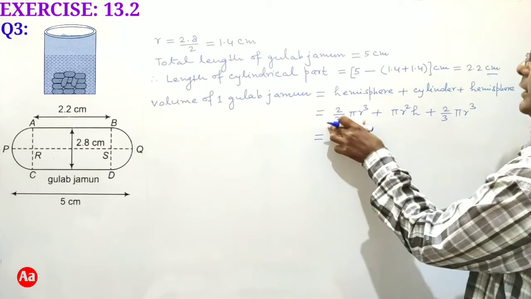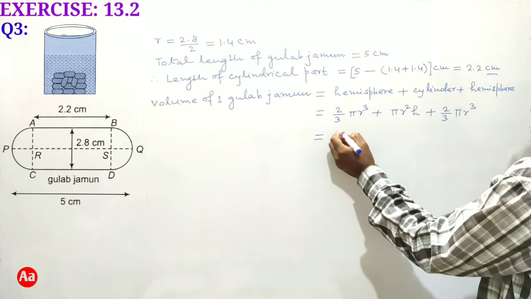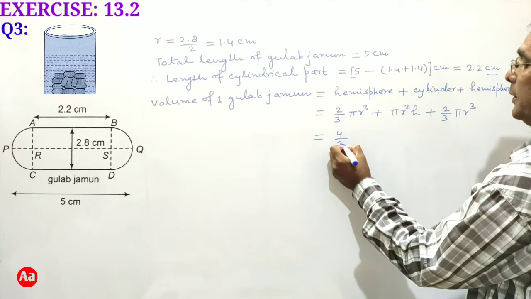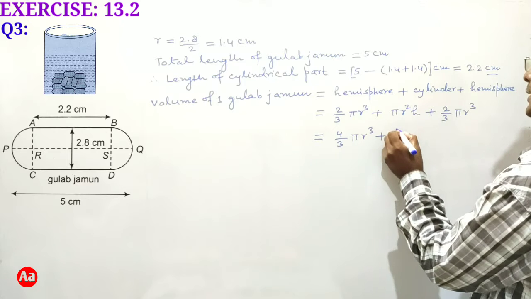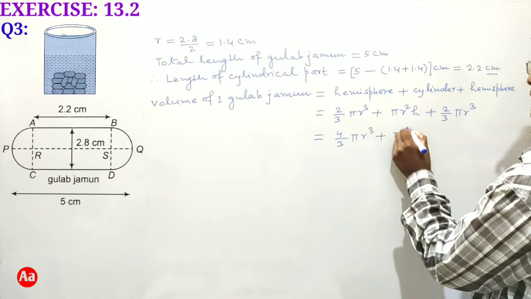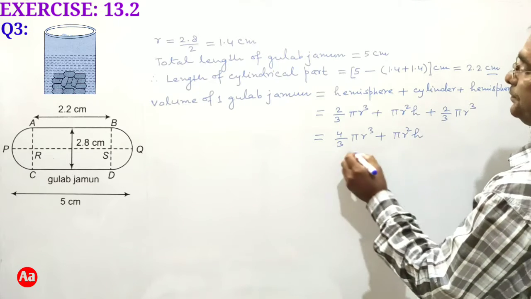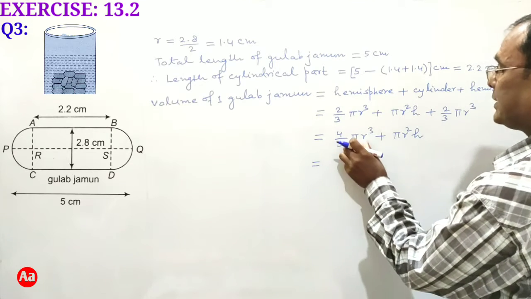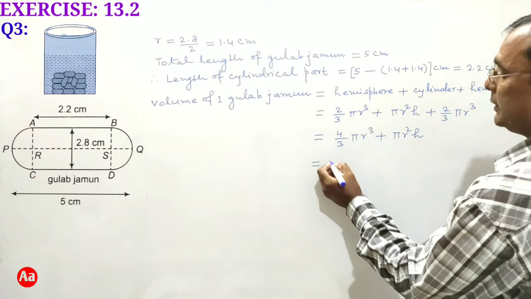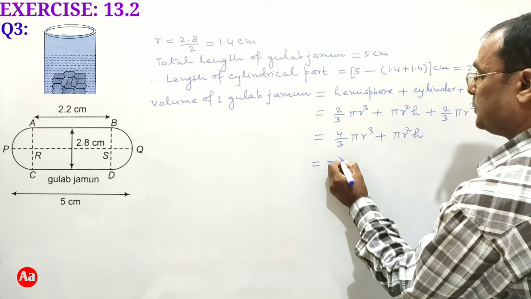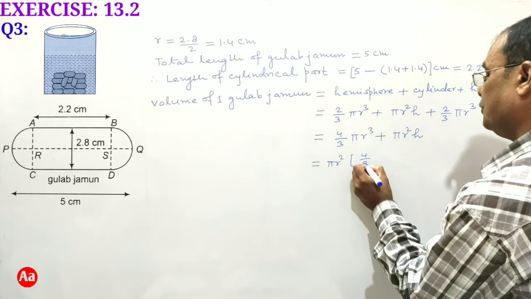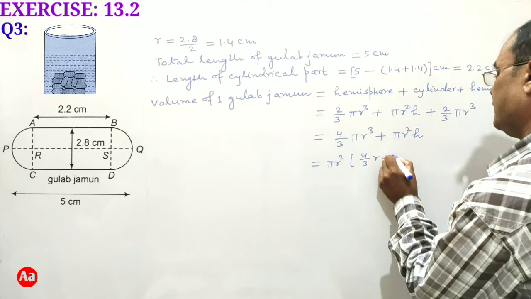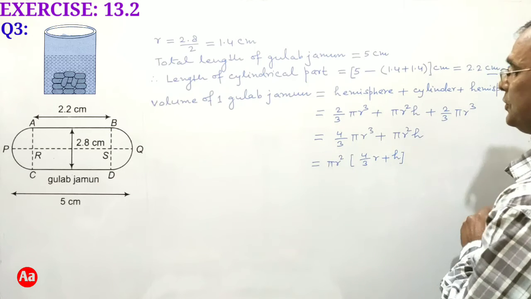So this 2 by 3 pi r cube plus 2 by 3 pi r cube is 4 by 3 pi r cube plus pi r square h. Let's take pi r square common. So it is pi r square into 4 by 3 r plus h.